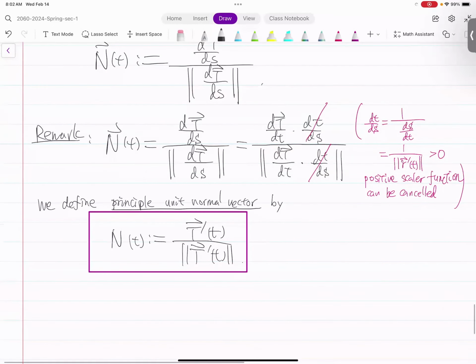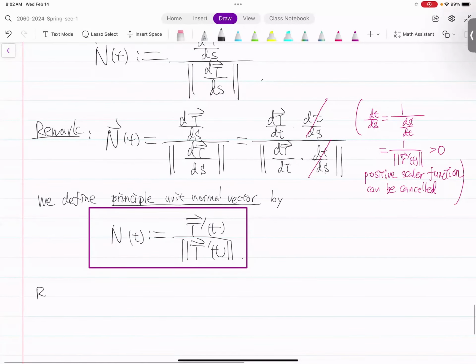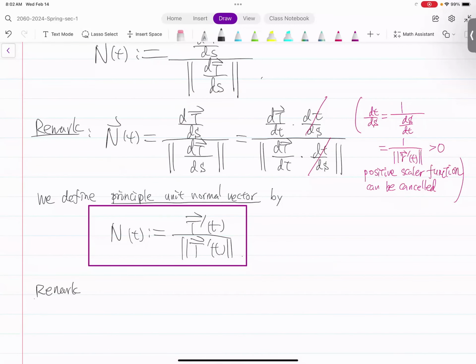So it's natural that you can cross these two vectors and get a third unit vector. Okay?